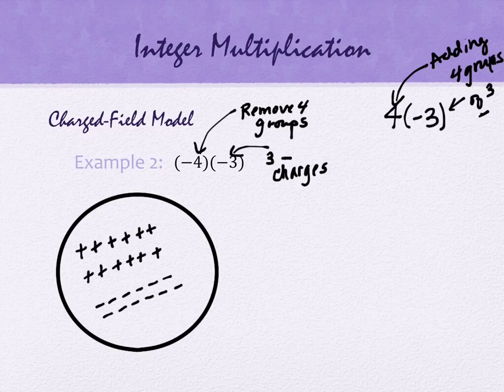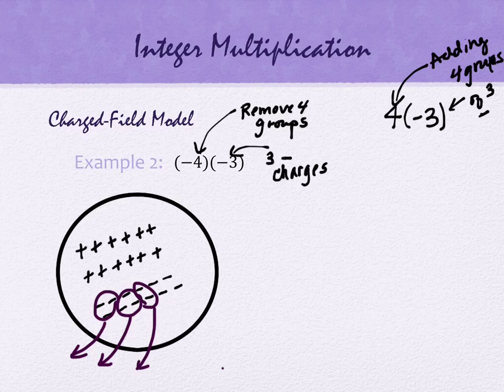Because that's still 0. It's the picture of 0. Not supposed to be adding, it's supposed to be removing. So if I have a picture of 0, in order to remove, I've got to have stuff in there to remove. But it still needs to equal 0. And then I can remove my 4 groups of 3 negatives.